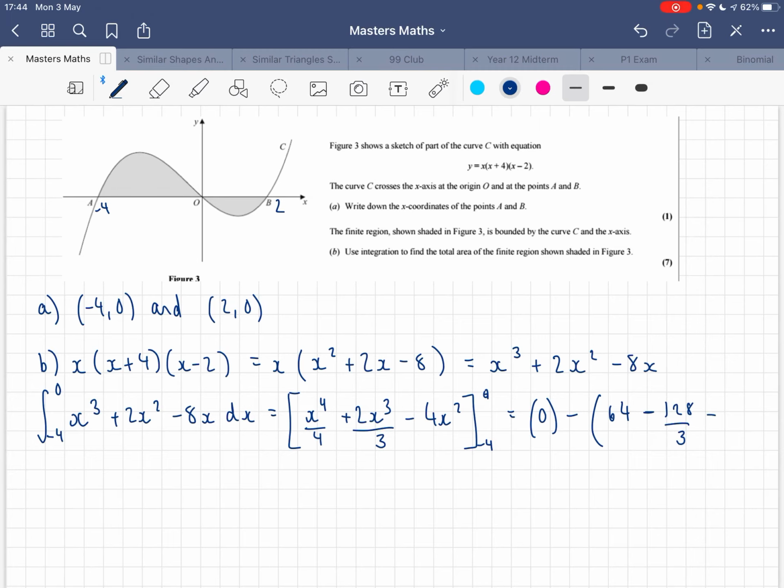Leave it as that for now. Minus 4x squared: 16 times 4 is 64. Is it minus? Yeah, 64. So the 64s are going to cancel each other out. This positive, this negative, and this negative are going to make it positive. So I get 128 over 3.